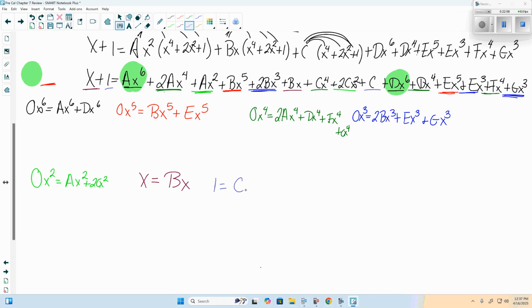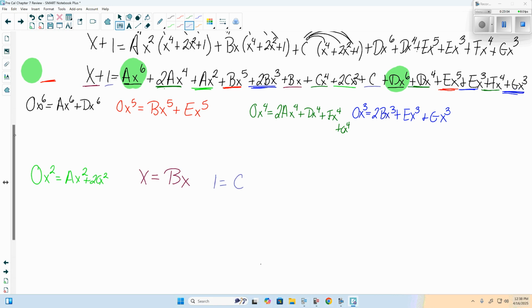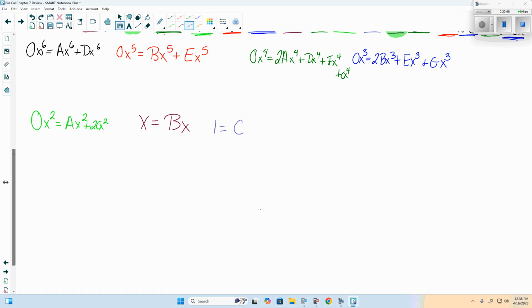Now again, this looks like a lot. And what's funny, I think it's funny, is this is actually about to simplify pretty nicely. Because what this tells us here is that c is 1.